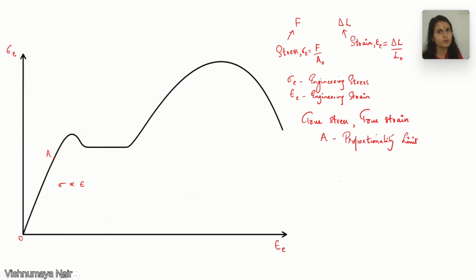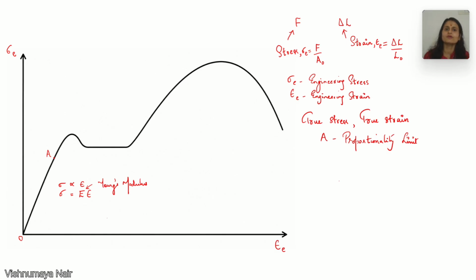If we want to remove this proportionality sign, we have to introduce a constant of proportionality. That constant is denoted by capital E. So sigma is equal to E epsilon, and this E is the Young's modulus of the material.